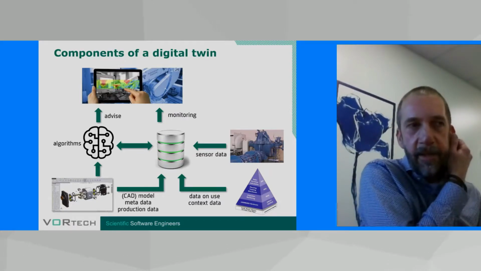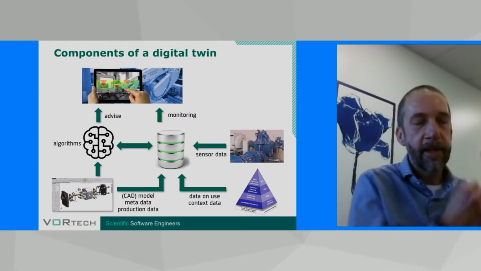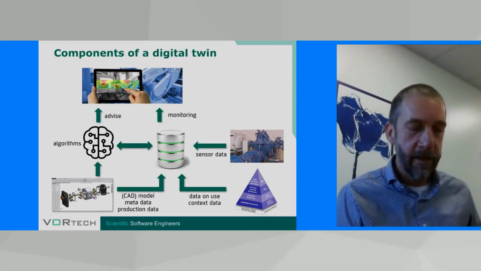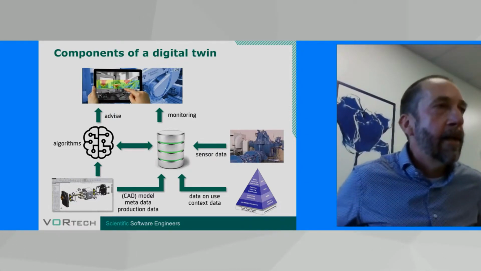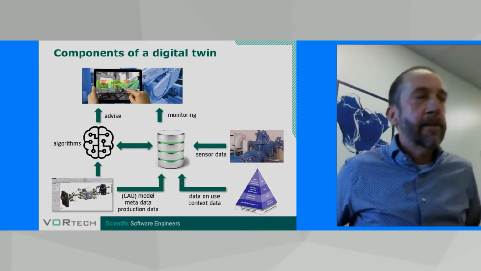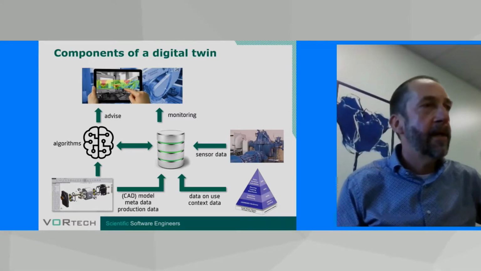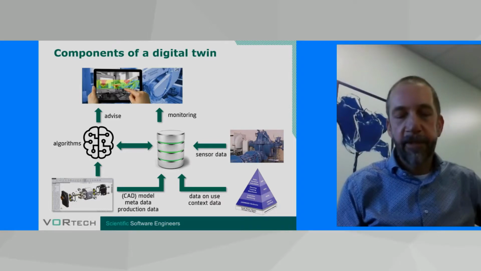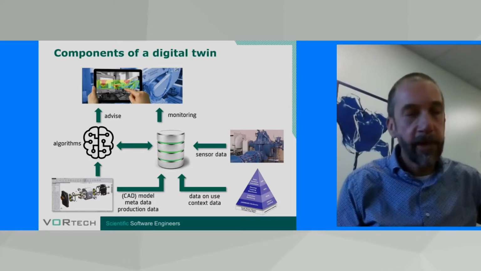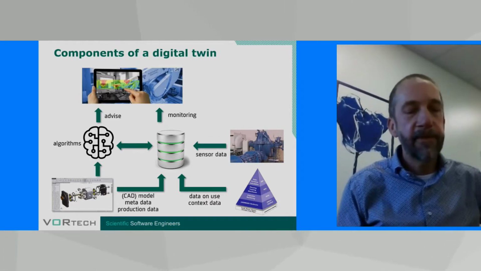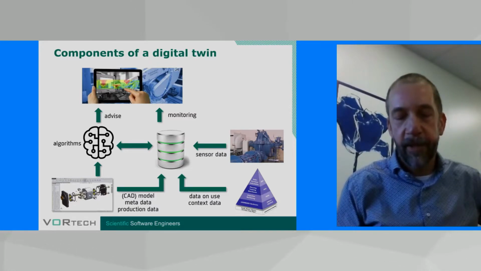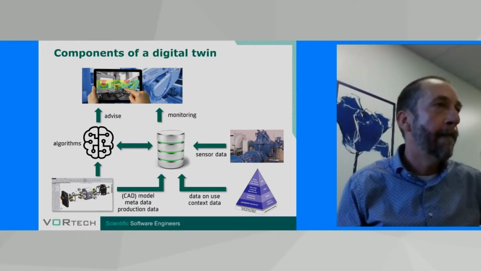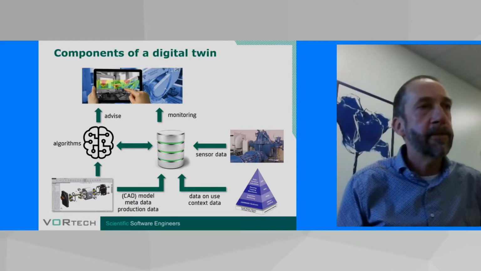So this is a digital twin in its full form. And now I would like to concentrate on a few examples of algorithms that we have been working on, and that may be useful also in the context of water distribution and water management in general.